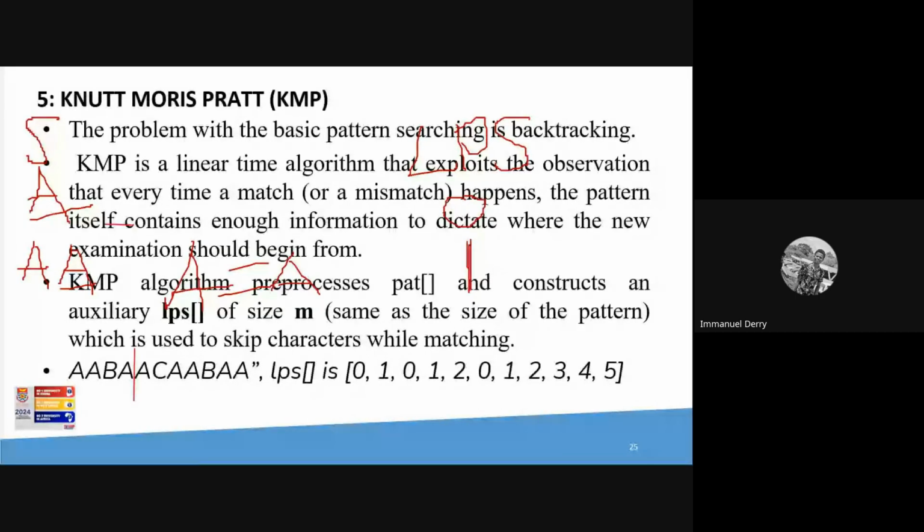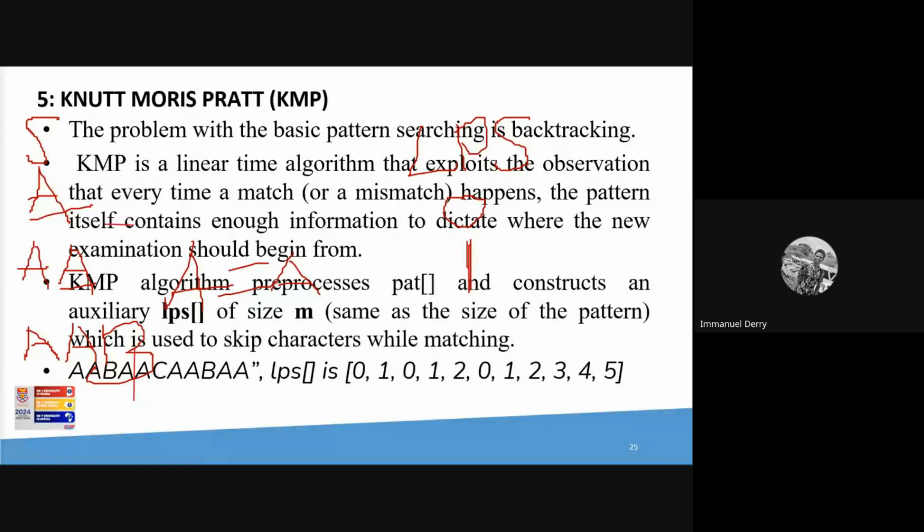Now we move on to the next character. What will be the next character? AAB. All right, so AAB. Now let's compare the suffix and the prefix.